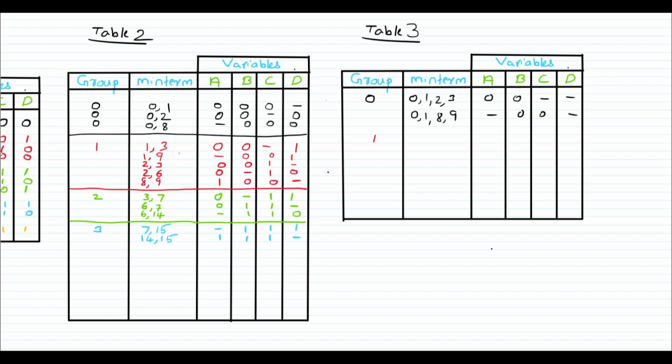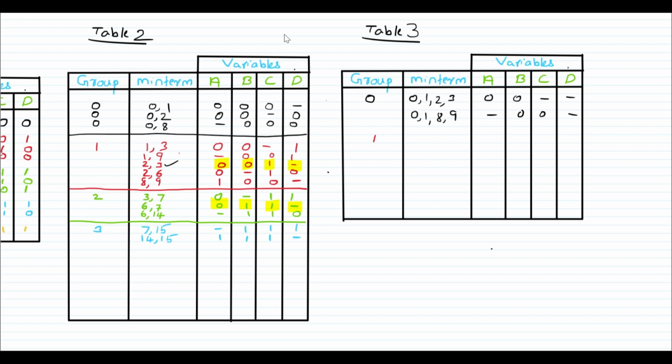Now we will see the next min term, that is 2, 3. We will compare 2, 3 with group 2 members. So if we consider 2, 3, the dash is in variable D, and in group 2 also we have a dash. If we compare, C is same, D is same, B is different, and A is same. So we can take this because A, C and D are same, only B is different.